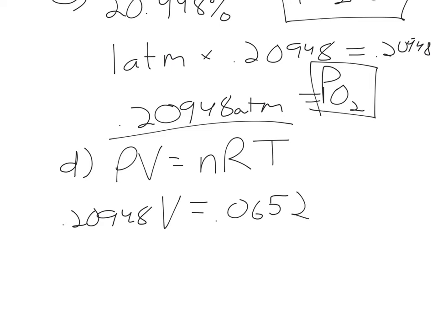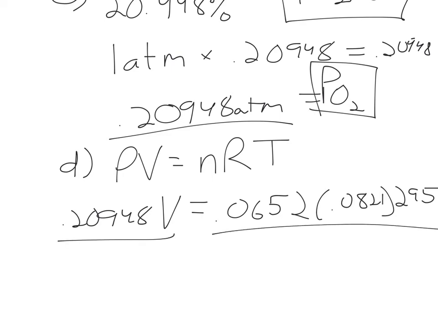0.0652 times the gas constant, which is always 0.0821 liter atmosphere per Kelvin mole, and then 295 Kelvin. And I want to get volume, so I'm going to divide by this on both sides, 0.20948.